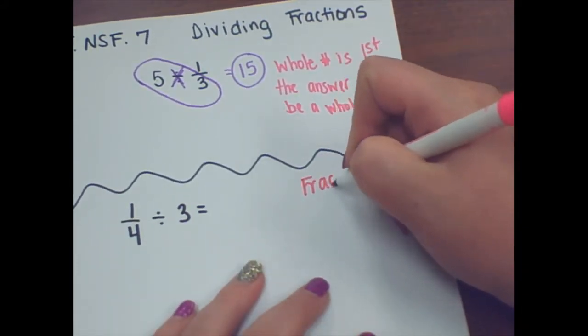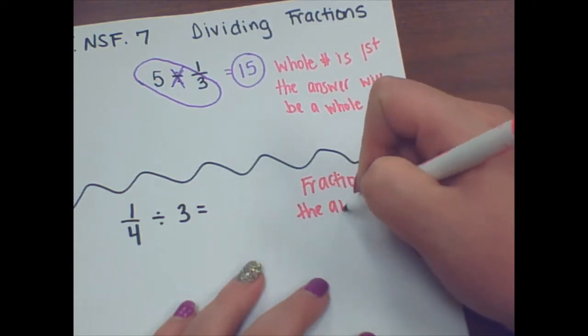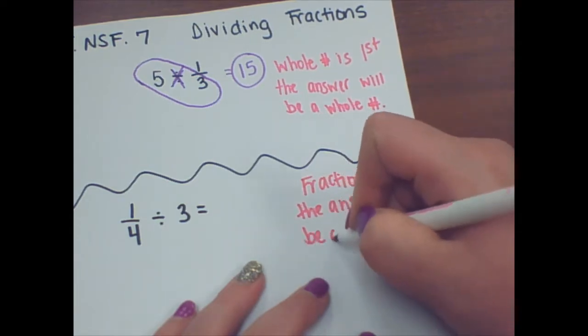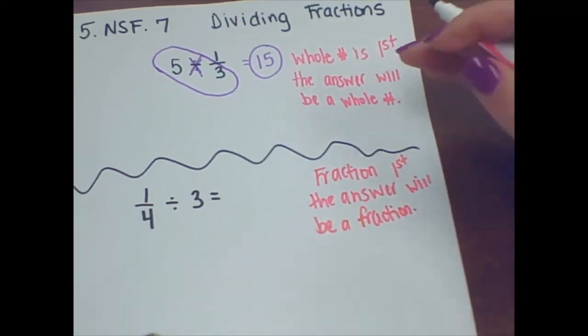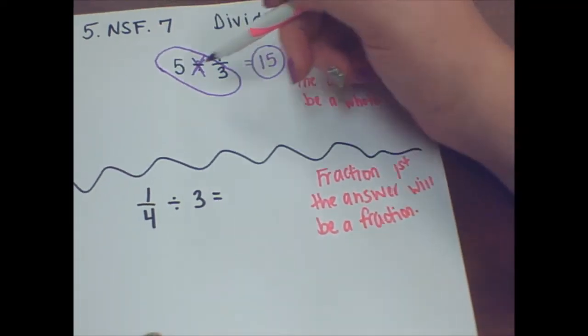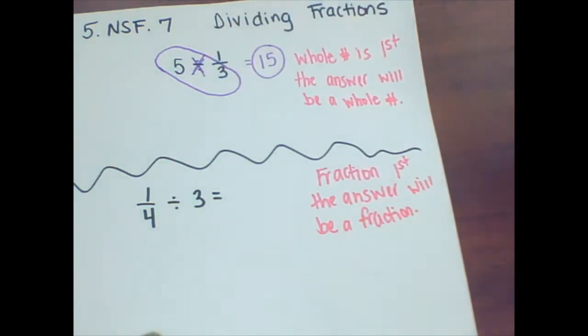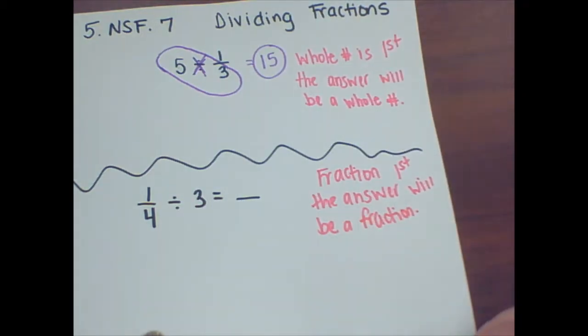If it starts with a fraction first, the answer will be a fraction. So we already knew that our answer was going to be a whole number because it started with a whole number. This starts with a fraction, so we already know that our answer is going to be a fraction.